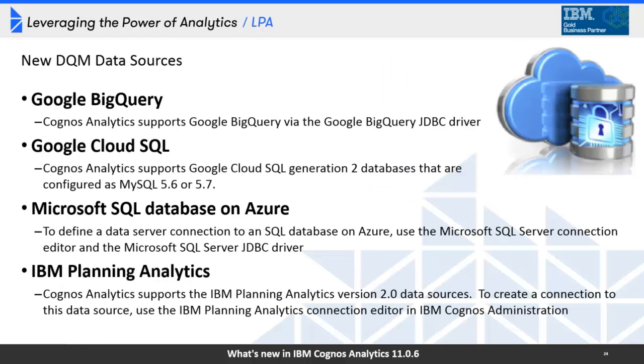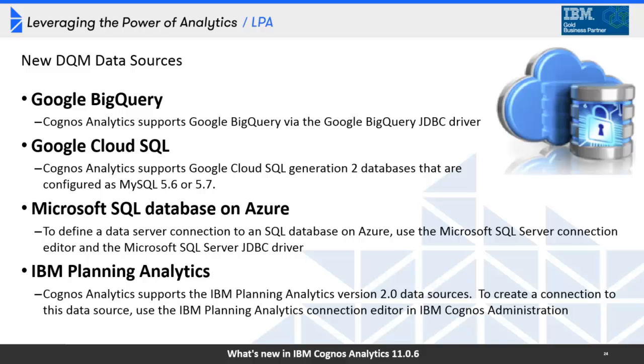I'm not going to go into detail about these data sources, but these are new data sources available to you in the dynamic query mode in Release 6. I will point out that Planning Analytics 2.0 data sources are now officially supported in dynamic query mode in Cognos Analytics Release 6.